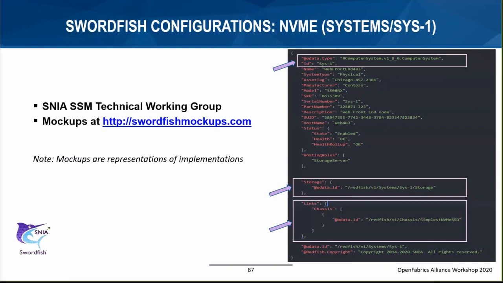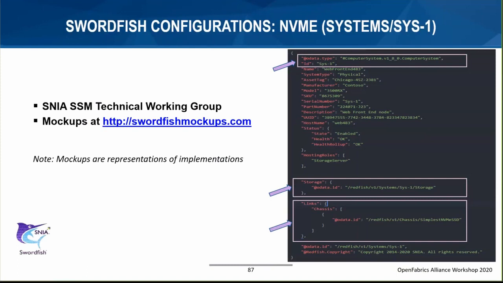To begin with, the top highlighted block on the right side shows that this is starting with the computer system called sys1, highlighted by the first block. This system has a storage, highlighted by the second block here, which shows the link for that storage, like Redfish V1 Systems, sys1 and storage.